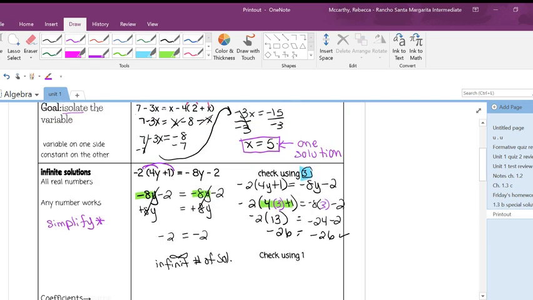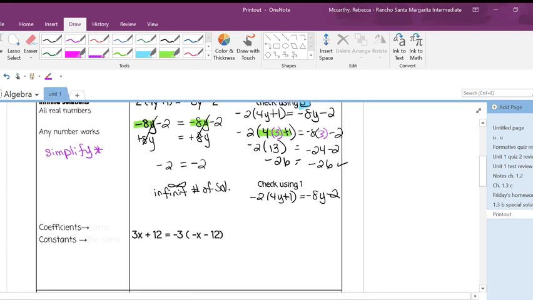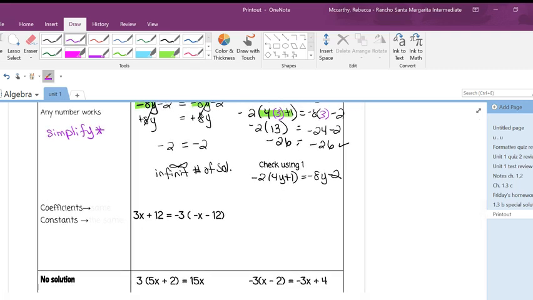So let's see. I'm going to write the original equation. -2 times (4y plus 1) is equal to -8y minus 2. And every time I see the y, I'm going to substitute 1 this time. So does 1 work? And I'm going to focus on one side.